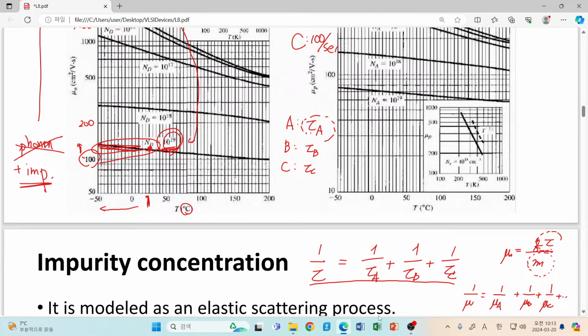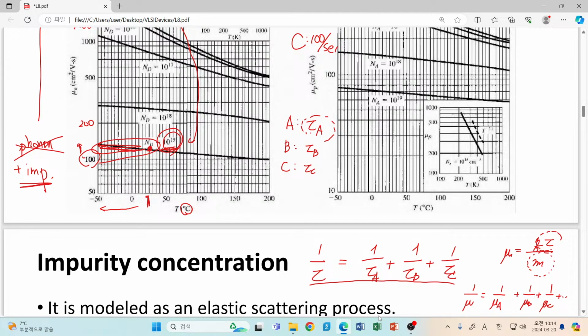I mean that, simply speaking, when we have phonon scattering and impurity scattering, then following this modeling approach, we just model the phonon-limited mobility, and we just model the impurity-limited mobility, and by taking this relation we can estimate the overall mobility of this system.